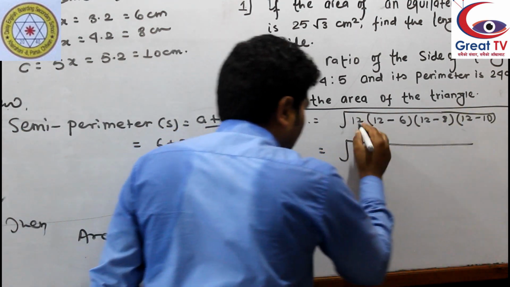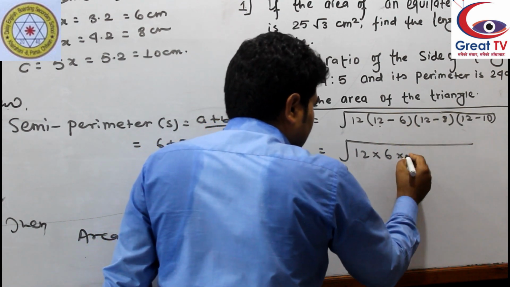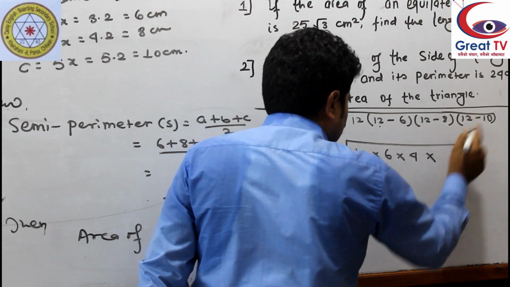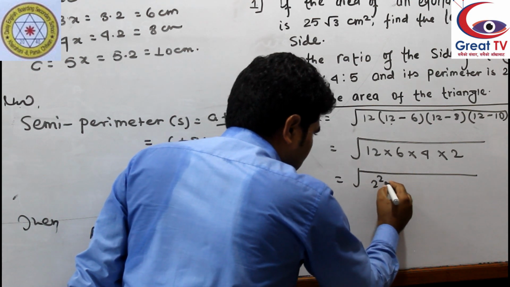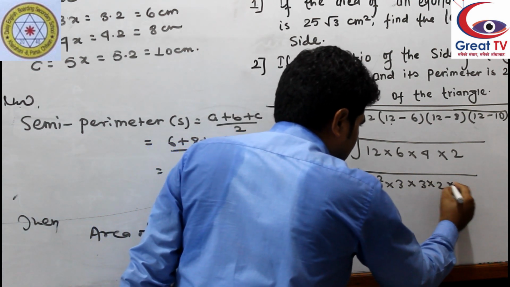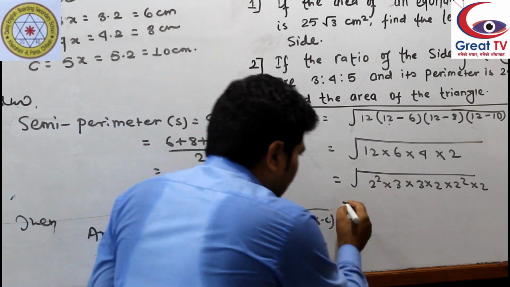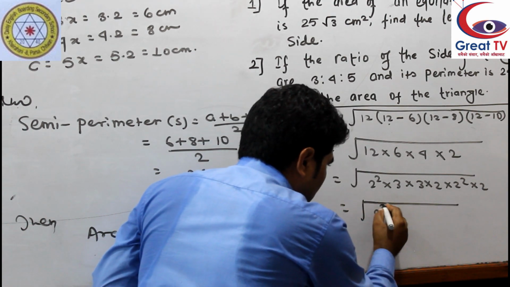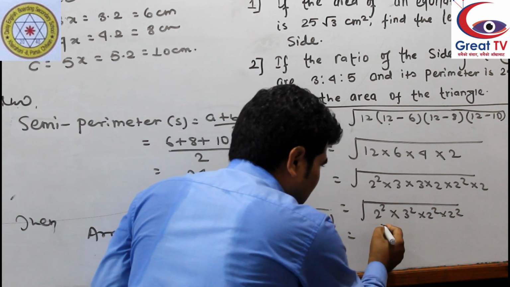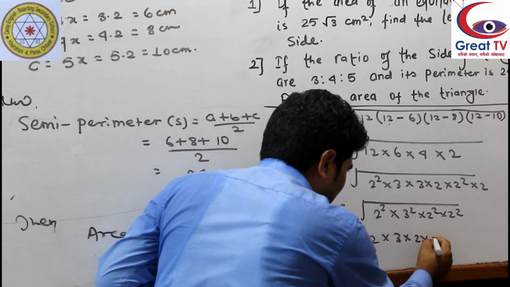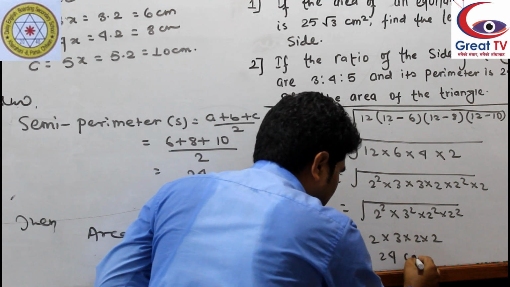Equal to root under 12 times 12 minus 6 which is 6, times 12 minus 8 which is 4, and 12 minus 10 which is 2. Equal to 2 square into 3 times 2 square into 2. Now 12 is 4 into 3, 6 equal to root under 2 square into 3 square into 2 square into 2 square equal to 2 into 3 into 2 into 2. That is 3 times 2 is 6, times 2 is 12, times 2 is 24 cm square.